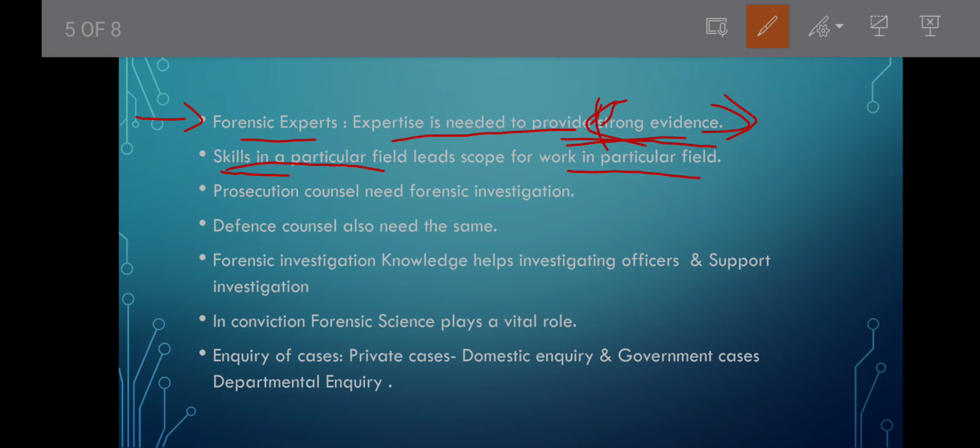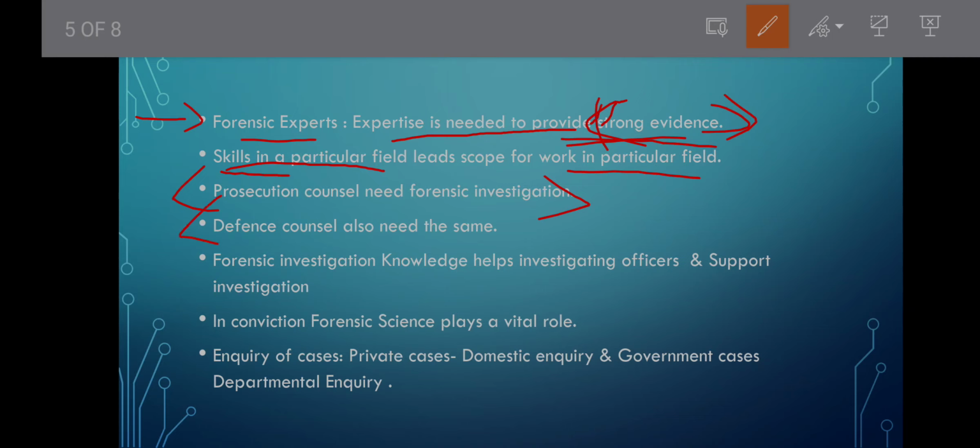If we have any skill in a particular subject, say toxicology, then it will be better for that person to give his opinions and carry out further processes. Forensic science is also used in prosecution counsel; it needs forensic investigation and forensic advice.